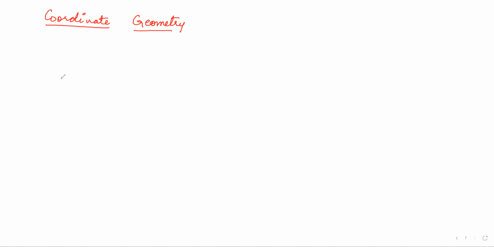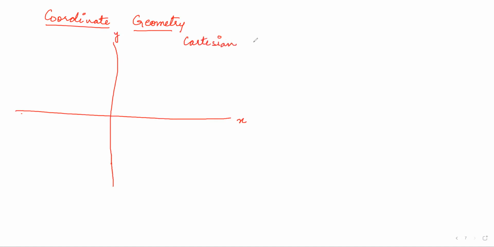Okay, let's do a bit of revision. First of all, we try to understand Cartesian coordinates. So how we draw a Cartesian system of coordinates, we have an x-axis here and we have a y-axis here. This is called the Cartesian system. There are other systems also, which you will study in higher classes. Now this is your x-axis, this is your y-axis.